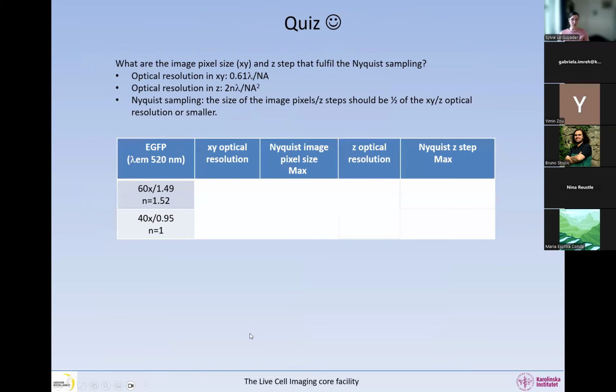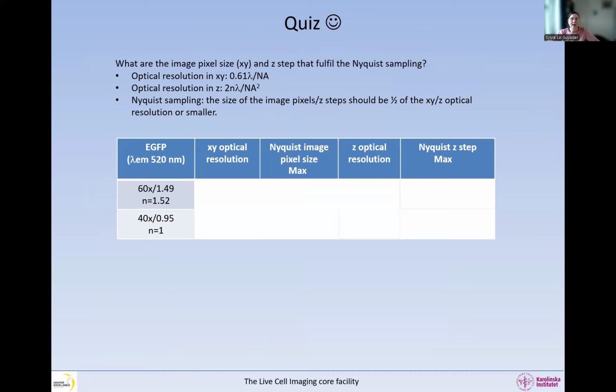Now, take your calculators and we're going to do a little exercise. What are the image pixel size in XY and the Z step that fulfill the Nyquist sampling? We have 2 objectives: a 60x NA 1.49, and a 40x 0.95.